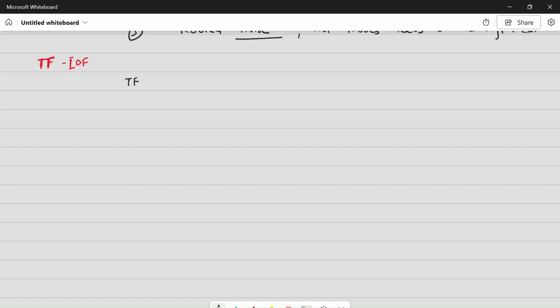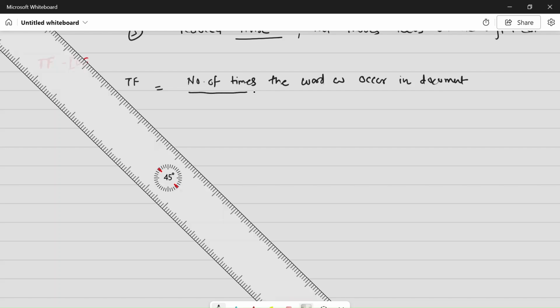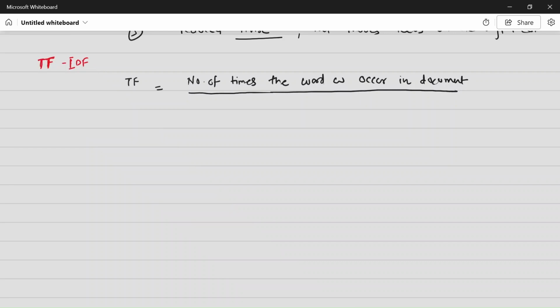When you calculate the term frequency, it is the number of times the word, let's say that word is W, occurs in a document, divided by the total number of words in the document.